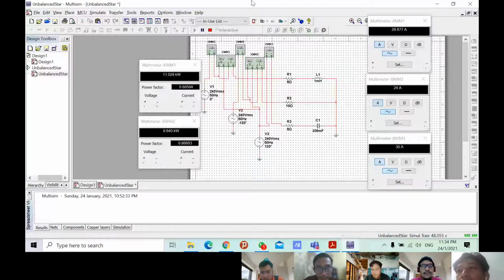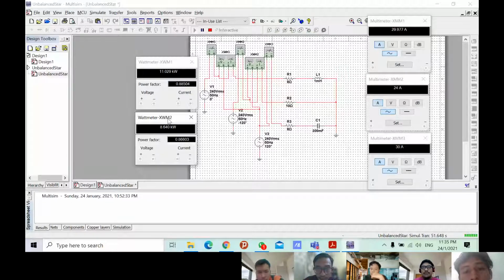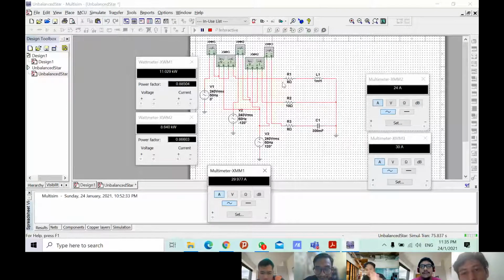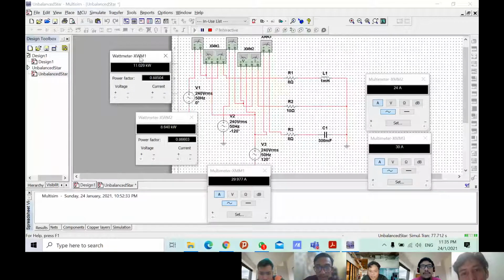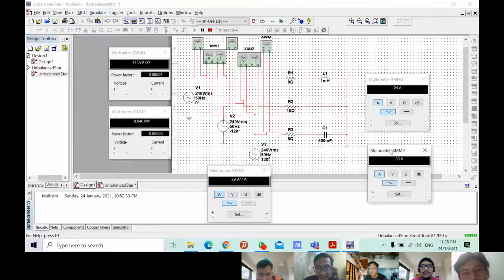My suggestion for our assignment video is that for this simulation part, Akmal, you must zoom in on the circuit so we can see clearly the multimeter readings from the simulation.